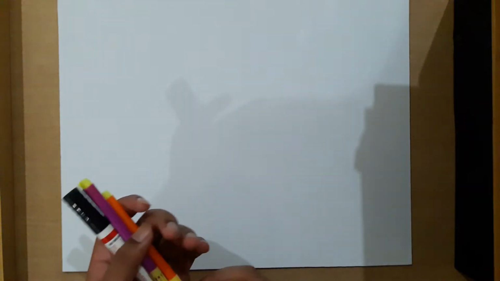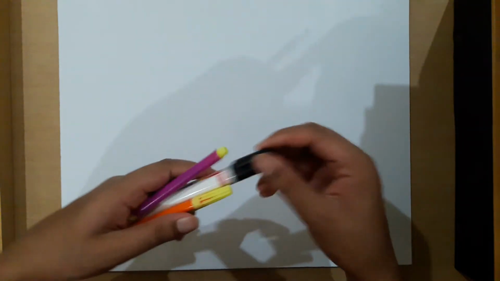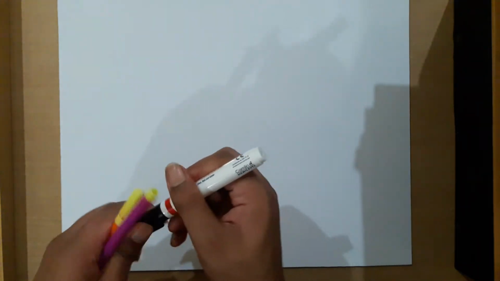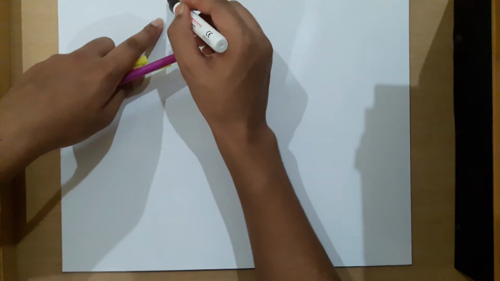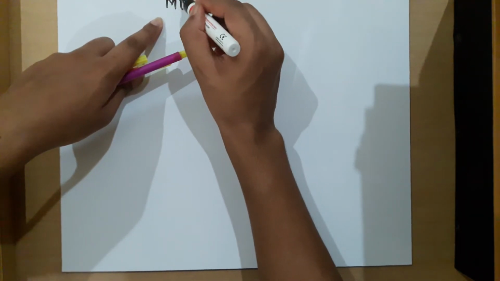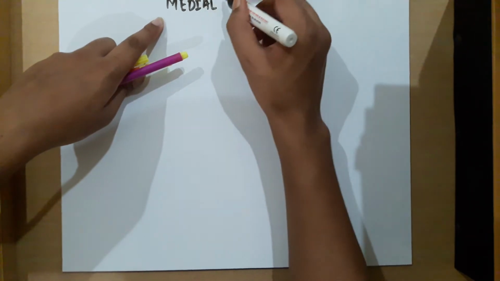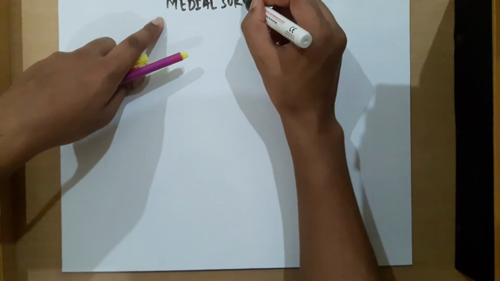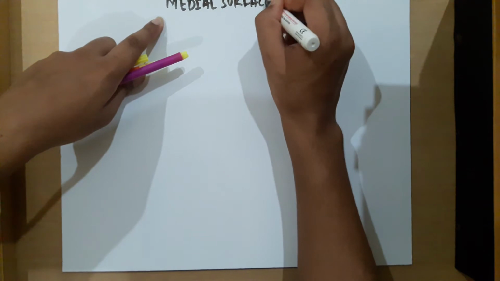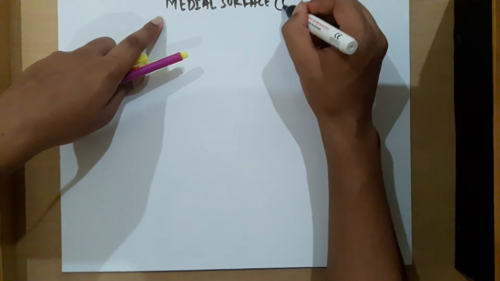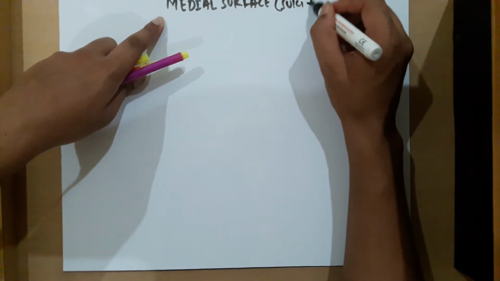So let's get started with the sulci and the gyri on the medial surface of the cerebral hemisphere.